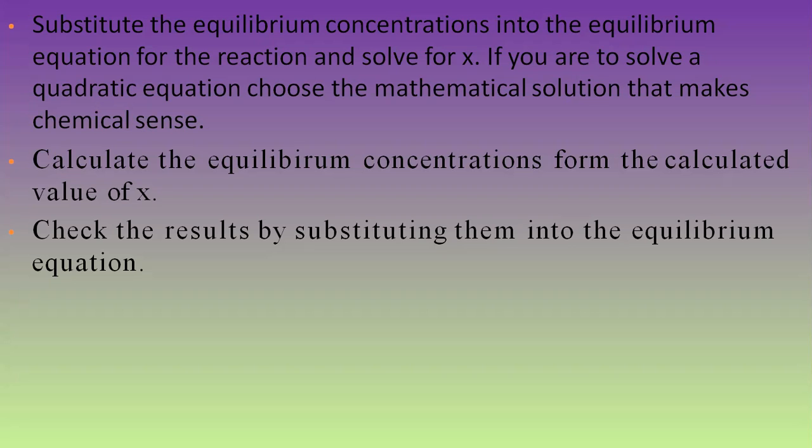So now we have to solve for X. We have to find the value of X. If you have to solve a quadratic equation, choose the mathematical solution that makes chemical sense. Calculate the equilibrium concentrations from the value of X. Whenever you get the value of X, you can find the equilibrium concentration by substituting that value of X in the equation.